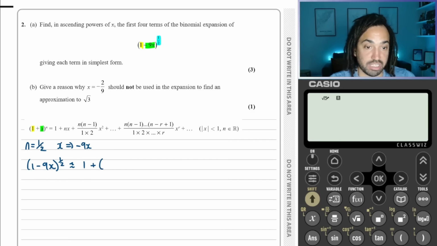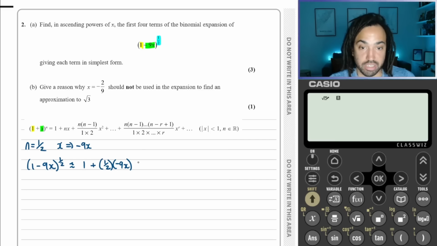So n, we say, is a half, and x is in fact minus 9x. Okay, great. Right, next term is n times n minus 1. So n again is a half. So we'll do a half times by a half minus 1, which is minus a half. And that's all over 1 times 2, which is 2.